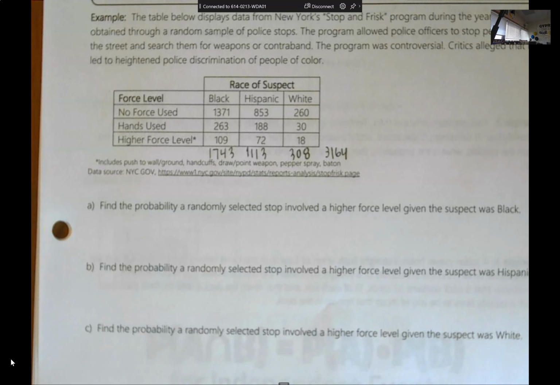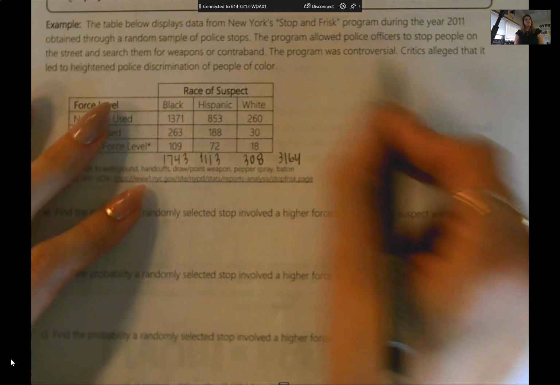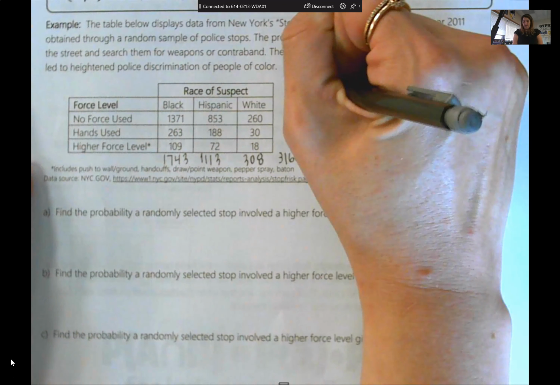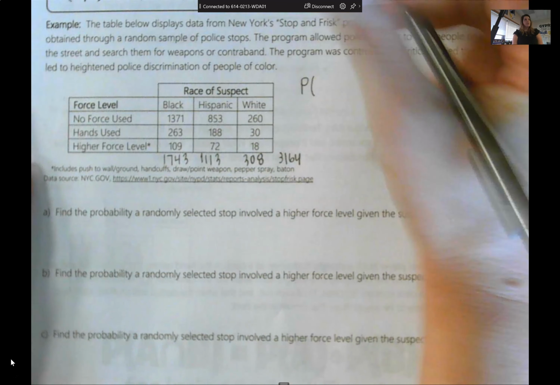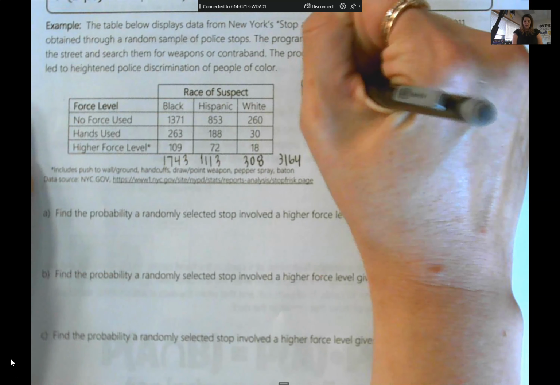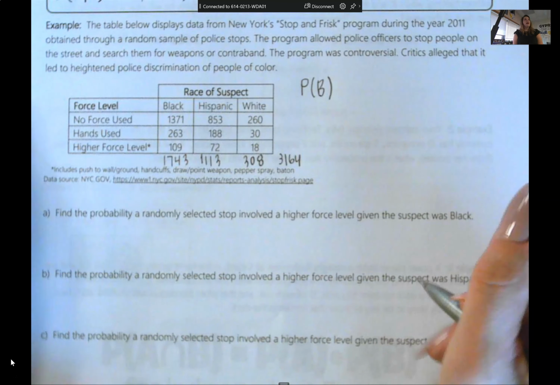Okay, so now I want to find the percent or the proportion of each race. So up here in this space, I want to find the percent of stops that included a black suspect.